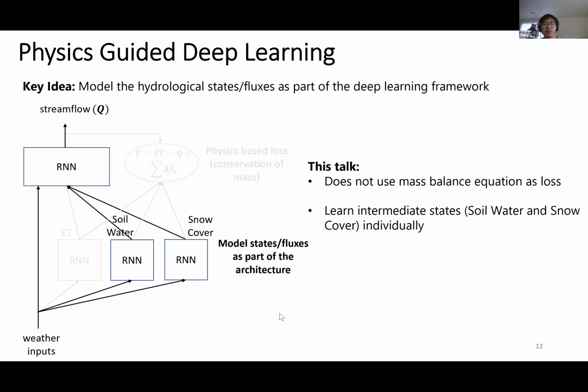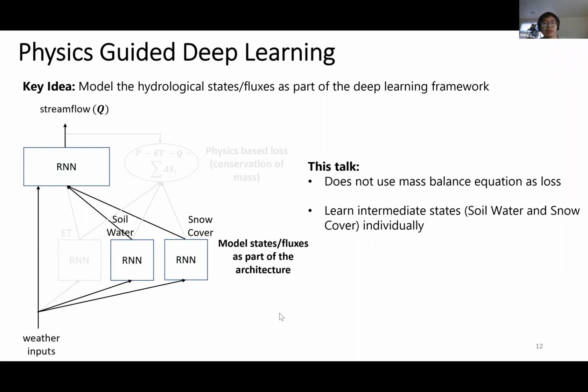For this talk, our research team is still designing the loss function to account for the mass balance equation. The results I show today might not include that because we are still doing research on this.